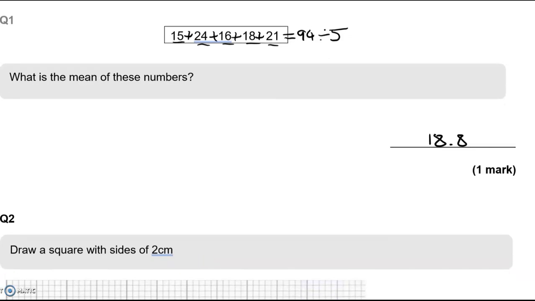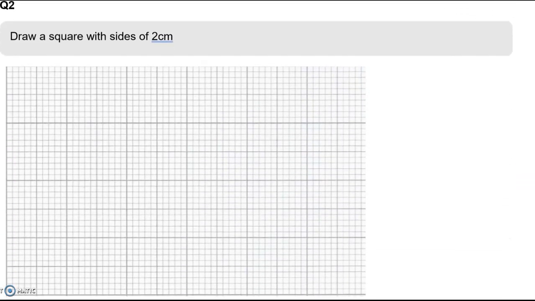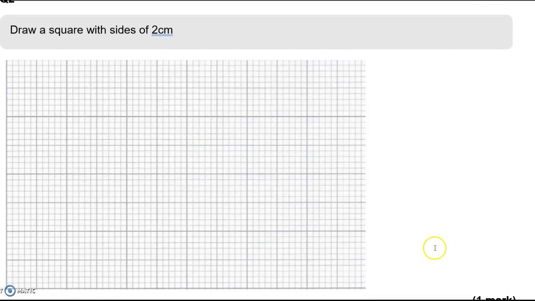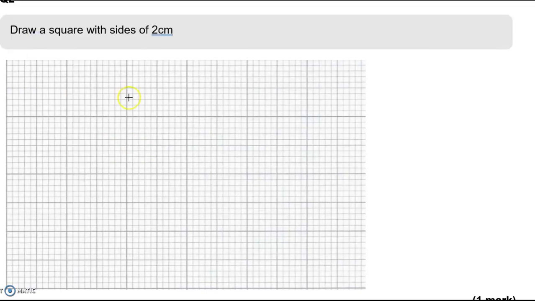Now we've got to draw a square with sides of 2 centimeters, and one square in the grid is equal to 1 centimeter, or it has sides or dimensions which are equal to 1 centimeter. So I'm going to try and draw a square anywhere really here.